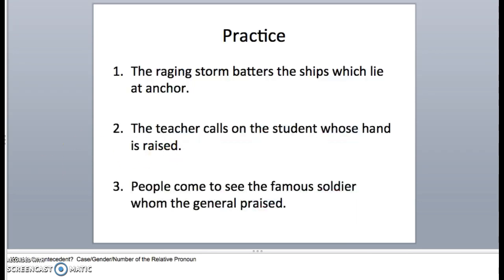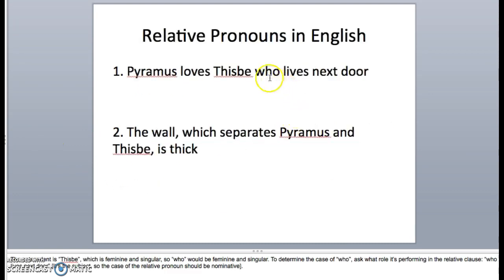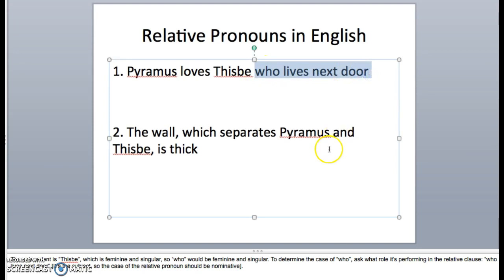So if we go back to the sentence, we can ask ourselves, well, what is who doing in this relative clause? It's the subject of the verb lives. So I'm going to say, oh, well, it's going to be nominative because it's the subject of the relative clause. This puts it at odds with its antecedent, which if we look at the main clause, Pyramus loves Thisbe, and ask ourselves, what case is Thisbe going to be?